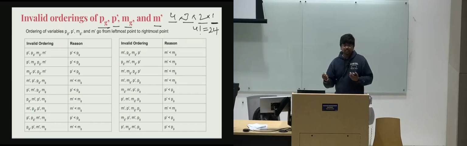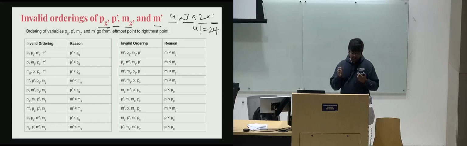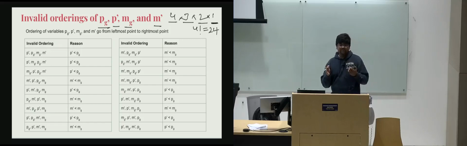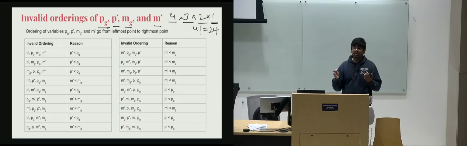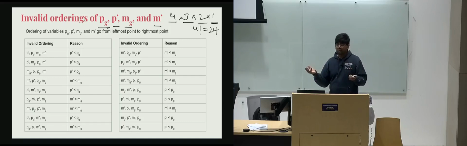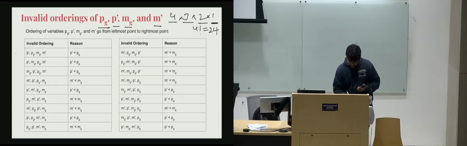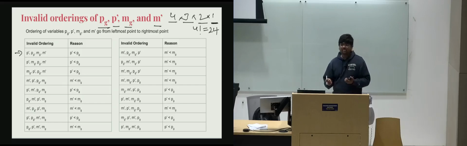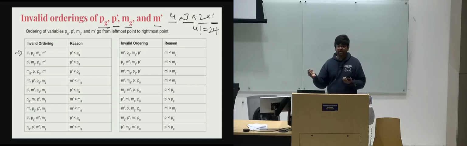So it turns out that if we do this ordering of these ships, most of them turn out to be invalid combinations. If you take this example, you will see P prime is less than PG, but based on our definition, PG has to be the leftmost one, so this is not a valid combination.